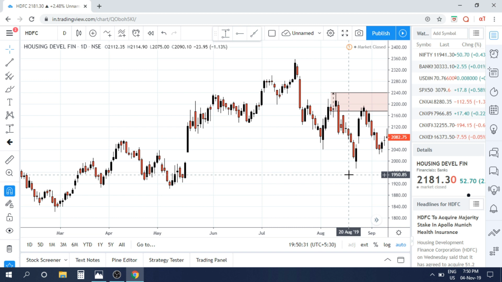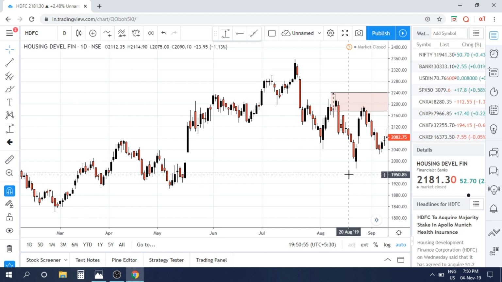For that, you would need a lot of experience, a lot of screen time, and at least some years or a lot of months of practice with this particular style of trading. And once you have achieved that kind of a level, you can judge for yourself which zones you can trade for a second time back.